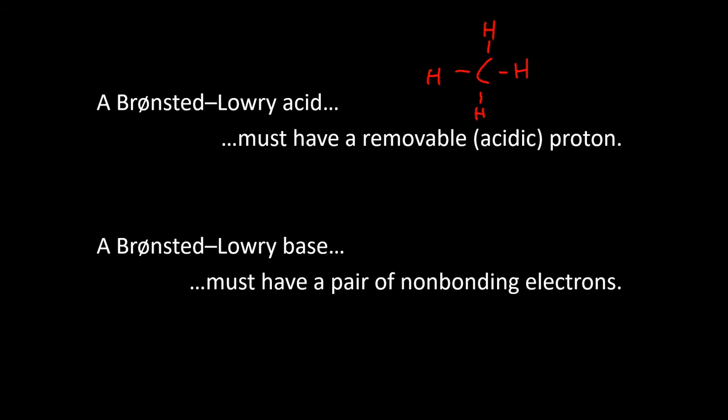That is technically possible for it to happen. But they are not easily removed. That carbon is holding on to those hydrogens really tightly. They are not easily removed, and so this is not acidic at all. So just having hydrogens does not make you acidic. Having a hydrogen that is relatively easy to remove is what makes you acidic.